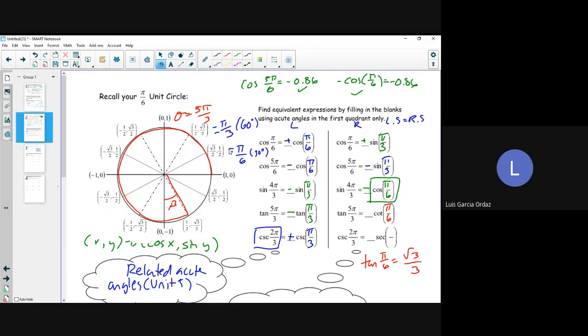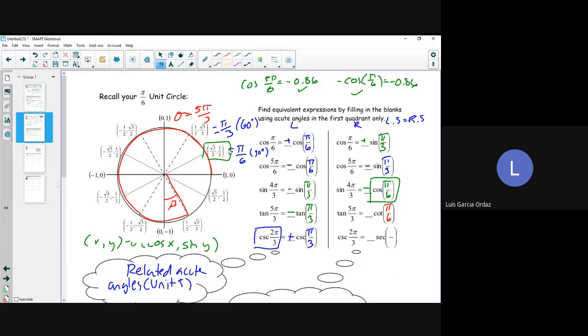No, it would be 1 over root 3. Root 3 over 3 would flip, no? Yes. Gosh, this is why I hate trig. Did you do the ratios right, Joseph?